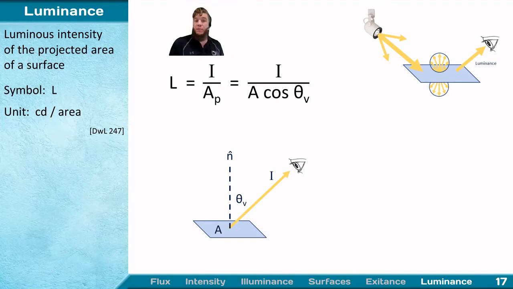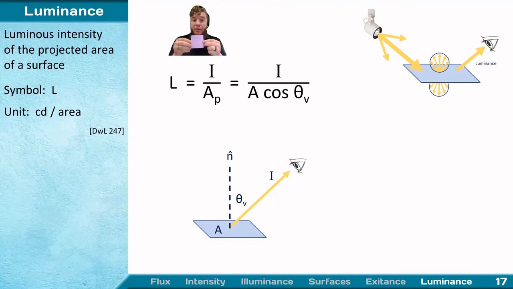So what is the projected area? The projected area is simply the area based on our point of view. So if I take Post-it notes, for example, and I'm holding these Post-it notes totally normal to your point of view or perpendicular to your point of view, then we're going to have the full area of that Post-it note as the projected area, right?